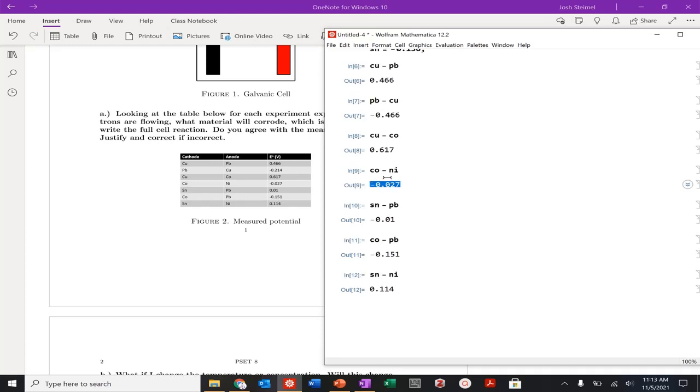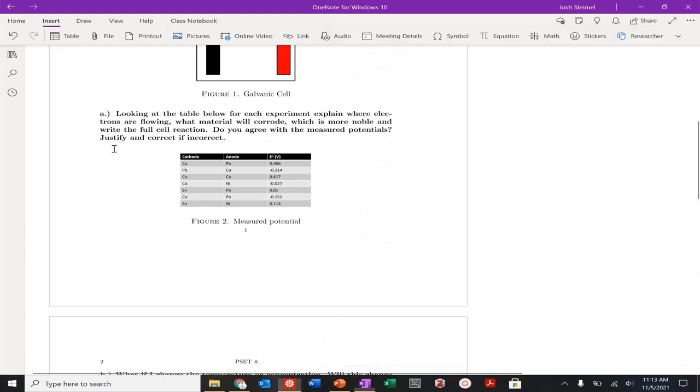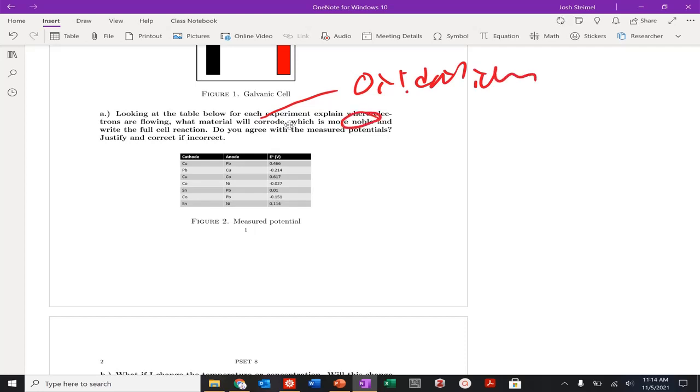Co and Ni, it's actually moving from Co to Ni, et cetera. And we can tell, again, the material that will corrode is the one that is losing electrons. It is the material that is undergoing oxidation, and it will be less noble. So the more noble will be essentially those values.